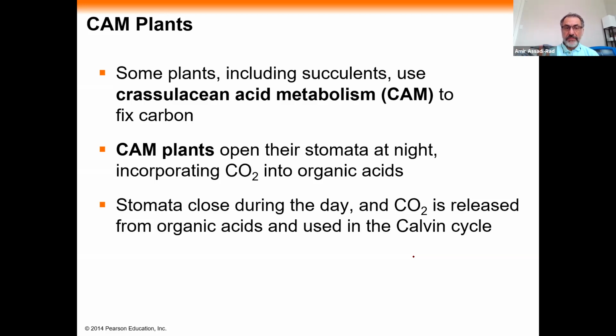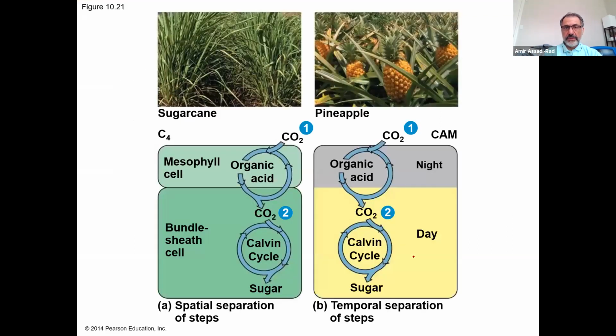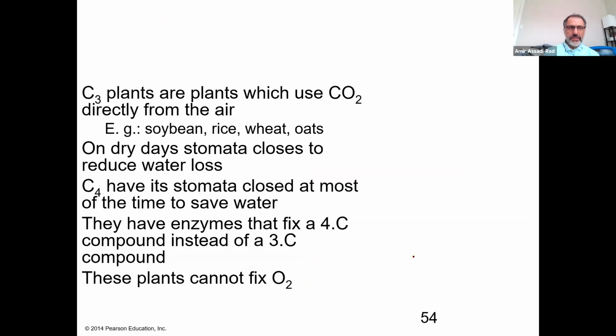These are all CAM plants, and they open up their stomata at night, incorporating carbon dioxide into organic molecules, and the stomata close during the day, so the CO2 is released and the organic acids are used in the Calvin cycle. Pineapple is CAM, sugarcane is C4, and if you need to know the difference between the 2, here they are.